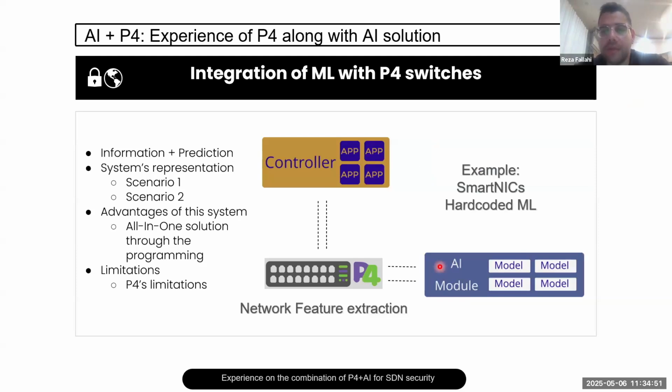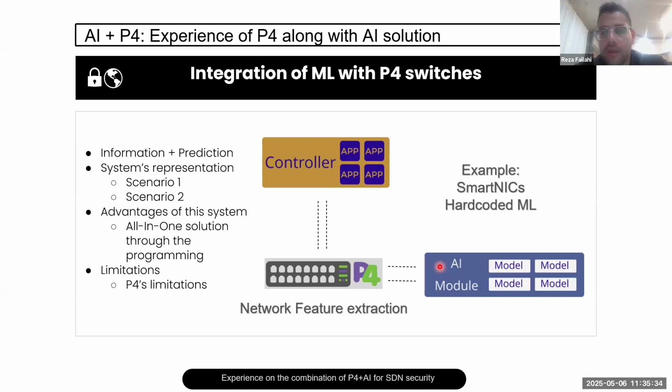Either we're going to be using a dedicated device empowered by powerful AI solutions, for example SmartNICs that are evolving nowadays. Or the other one can be the AI, for example machine learning techniques, implemented inside the P4 switch.